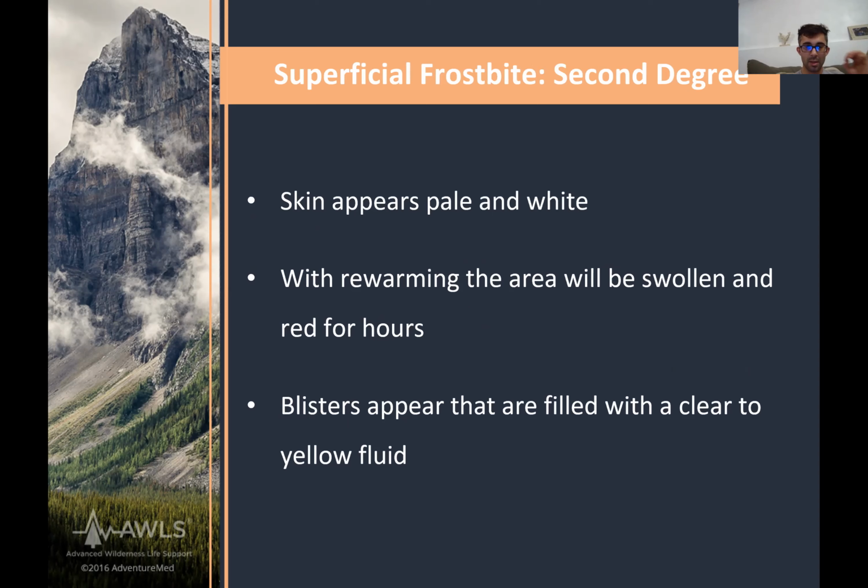Second degree, again, skin is pale and white. They'll have the raised plaque. They will have blisters that are typically filled with clear to yellow fluid. Can be white in color as well. Again, it will be painful on rewarming and will be swollen red for several hours.